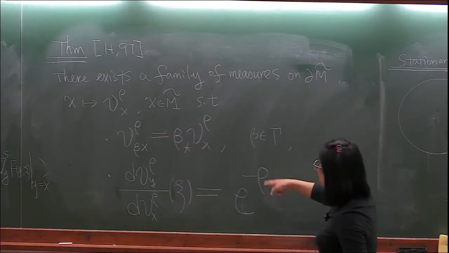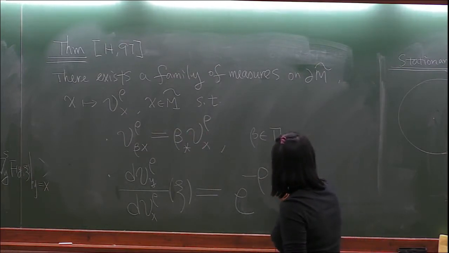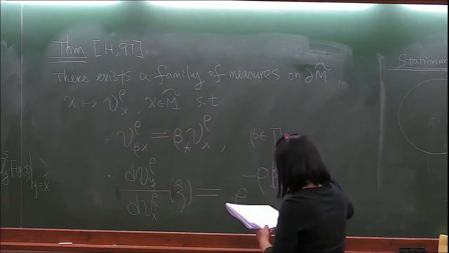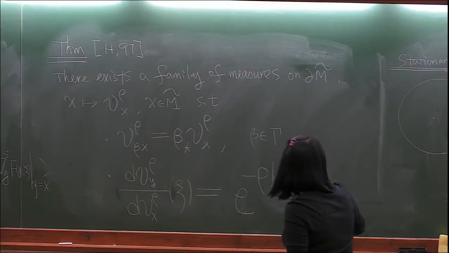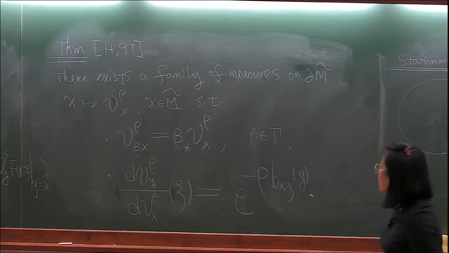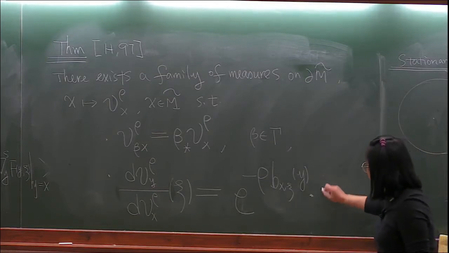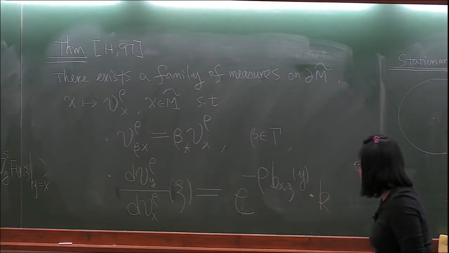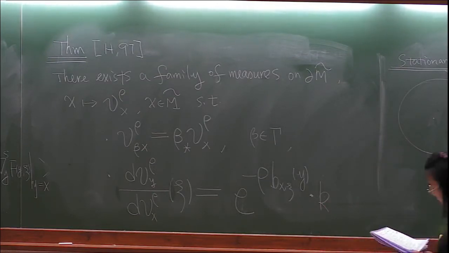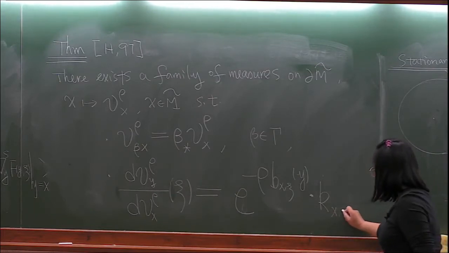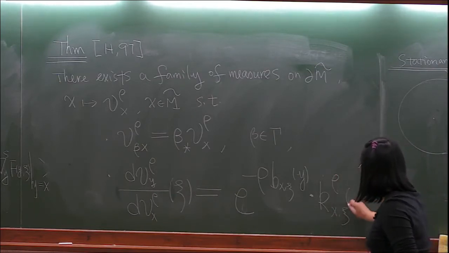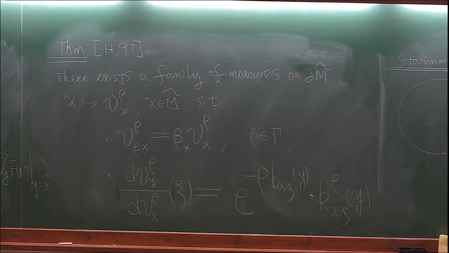You change v to rho now, and here you have your Busemann function. And you have an extra term here when this diffusion steps in, so here you have the Martin kernel evaluated there.